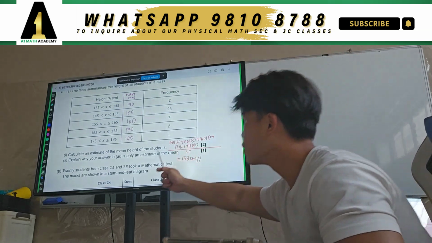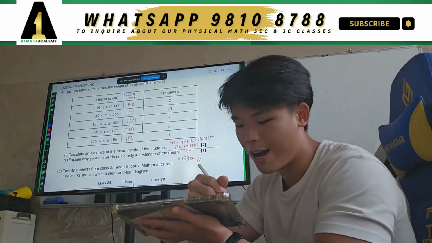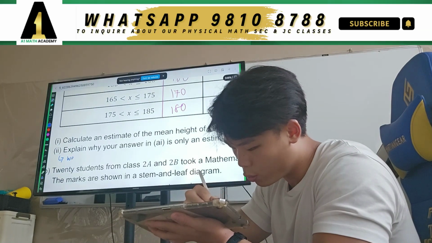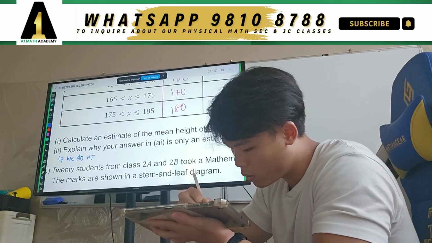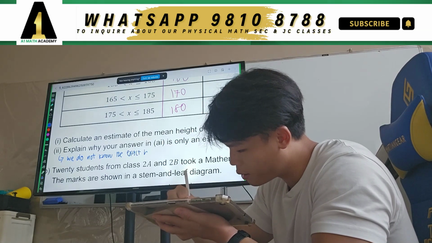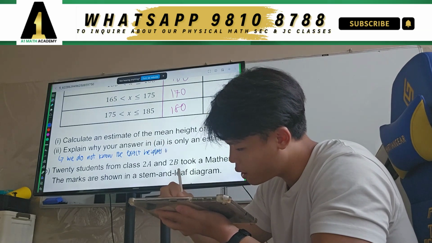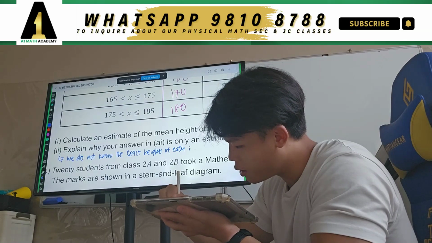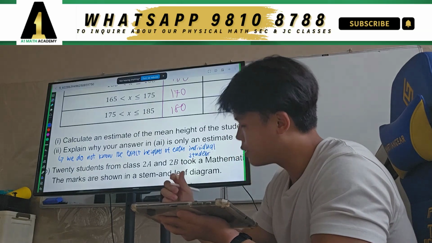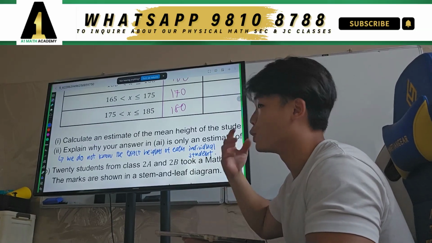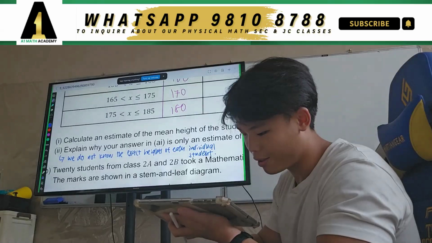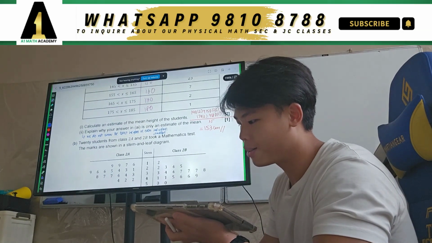It's because we do not know the exact height of each individual student. That is why it's an estimate, because we don't know the height of each individual student. That's why we use the point value. That's it.